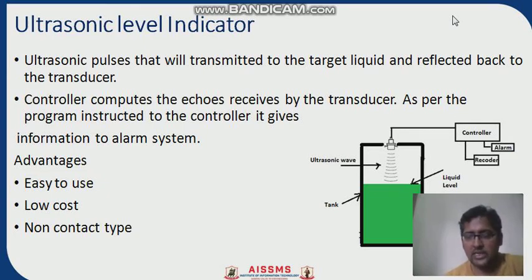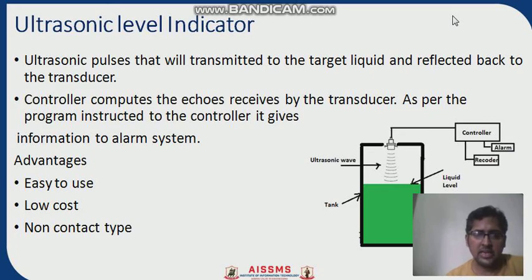According to the instructions given to the controller, it gives some instruction either to an alarm or to a recording. Ultrasonic pulses are transmitted to the target liquid and reflected back to the transducer. The controller computes the echoes received by the transducer as per the program instructed to the controller. It gives the information to the alarm system.